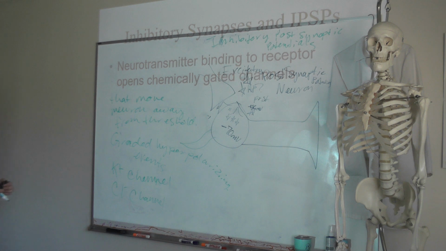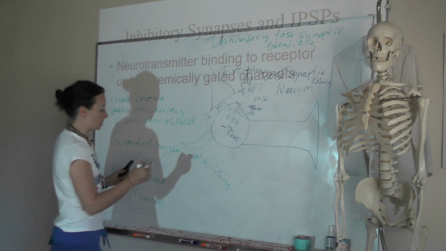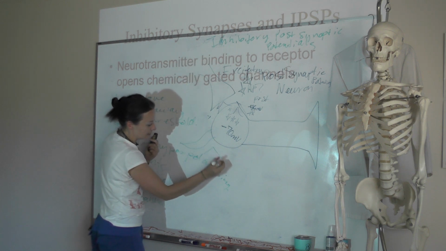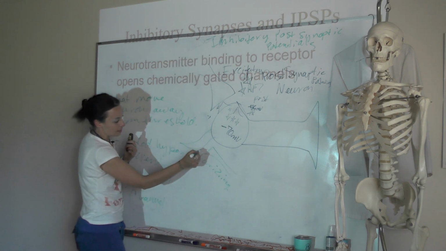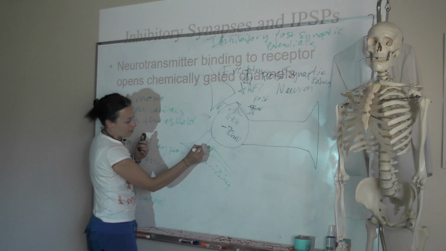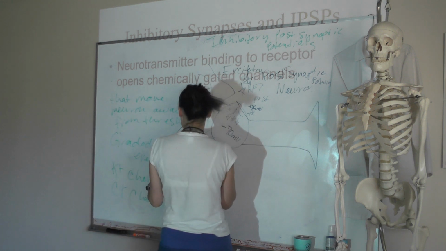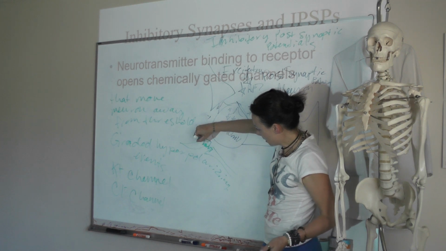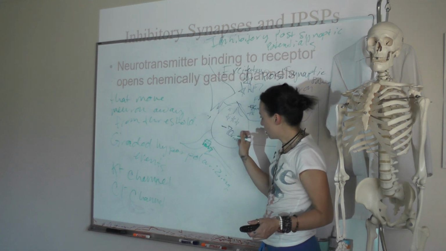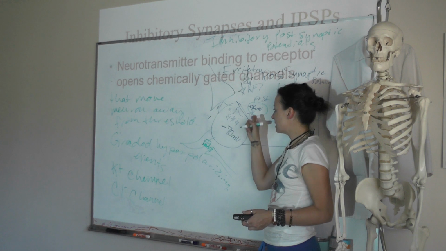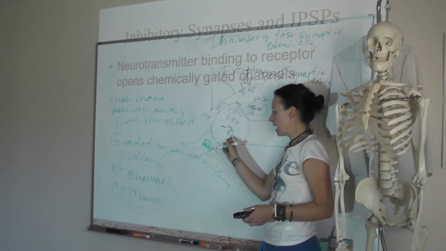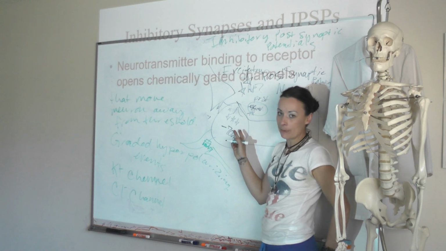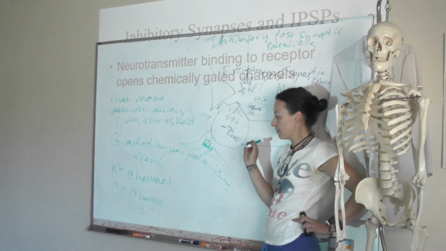Both of these events, if the neurotransmitter here binds to a chloride ion or a potassium ion channel, those channels are going to open and move us further from threshold. We're trying to get to -55. So what's going to happen is we're going to become more negative. We'll have these graded hyperpolarizing events that make us more negative.